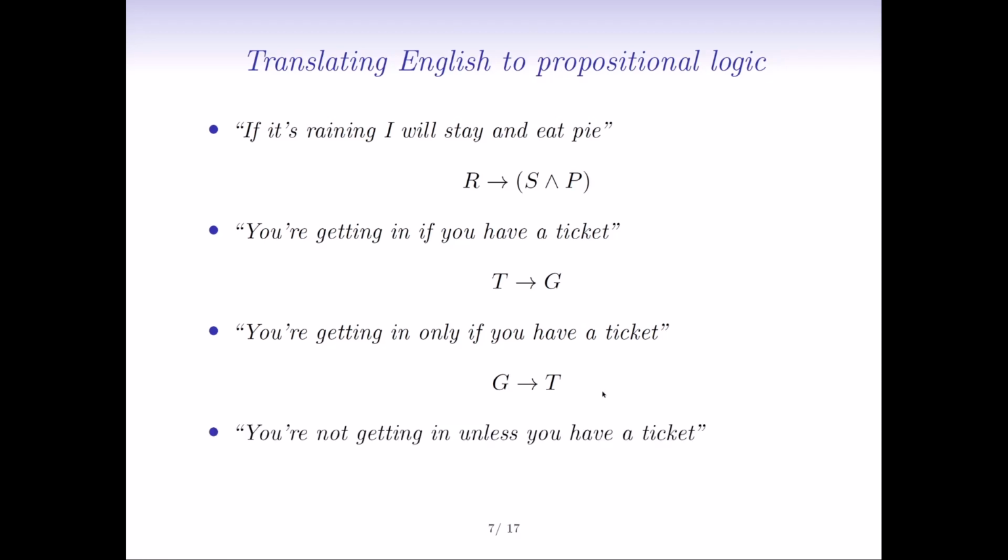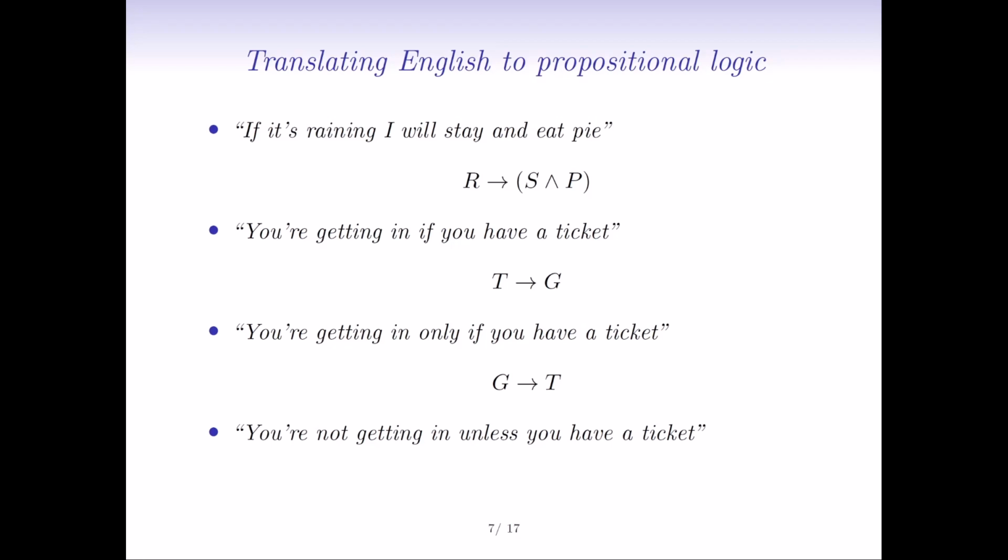Okay, and here's one more example. You're not getting in unless you have a ticket. Now, although there are many ways of potentially translating this, it's actually saying more or less the same thing as the previous formula.